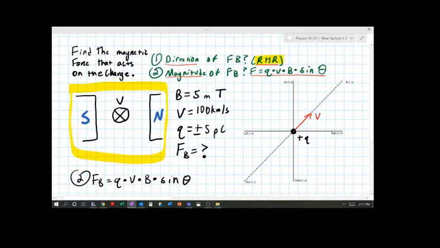The magnetic field should go from the north pole to the south pole like this. So the magnetic field should be to the left. Remember, magnetic fields go away from north poles and towards the south pole. So the magnetic field is to the left on that negative x axis.